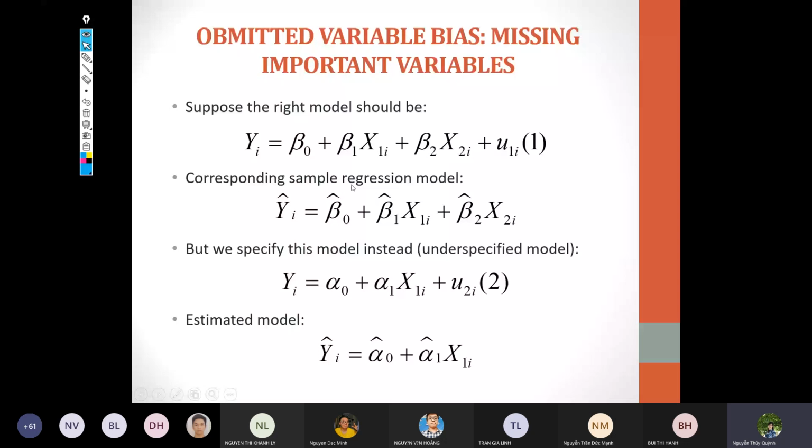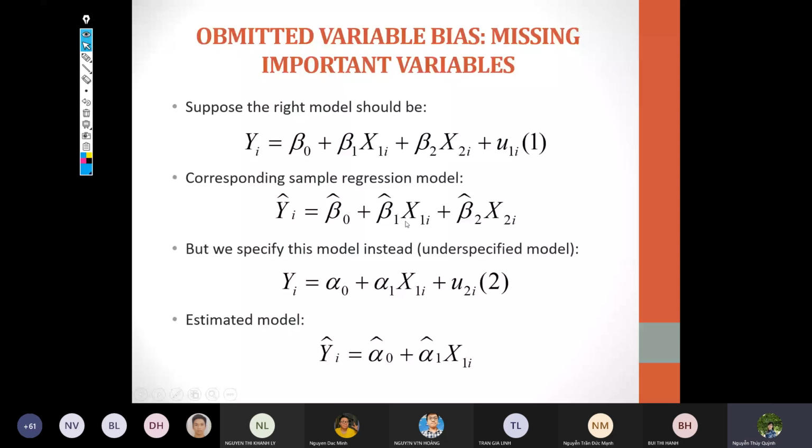This beta 1 hat here is the estimated coefficient, and it estimates how the independent variable x affects the dependent variable y.